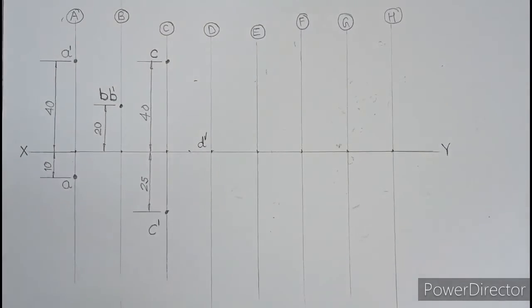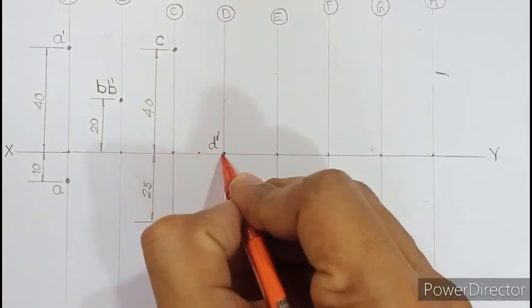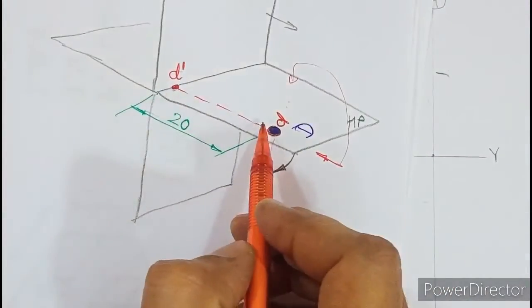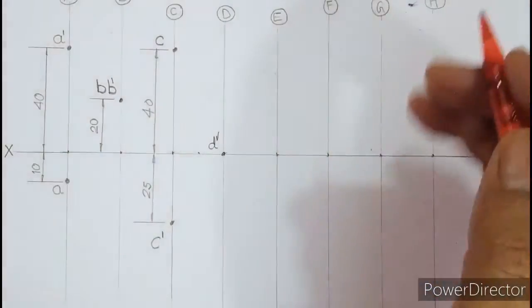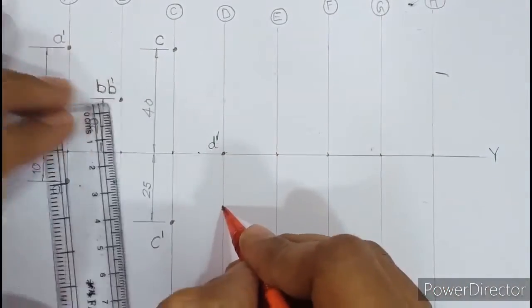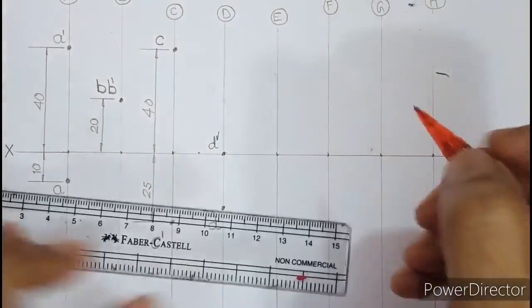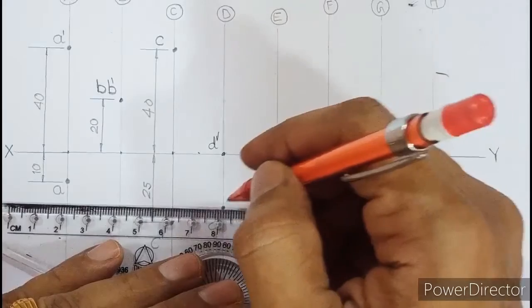We'll mark 20 on this side. D dash you have to mark on XY as per the solution. And when you turn the plane down, D will move down by 20. So from the XY line, we need to move down by 20 and mark point D, right below and on the left side. This dimension parallel to XY we need to show here.